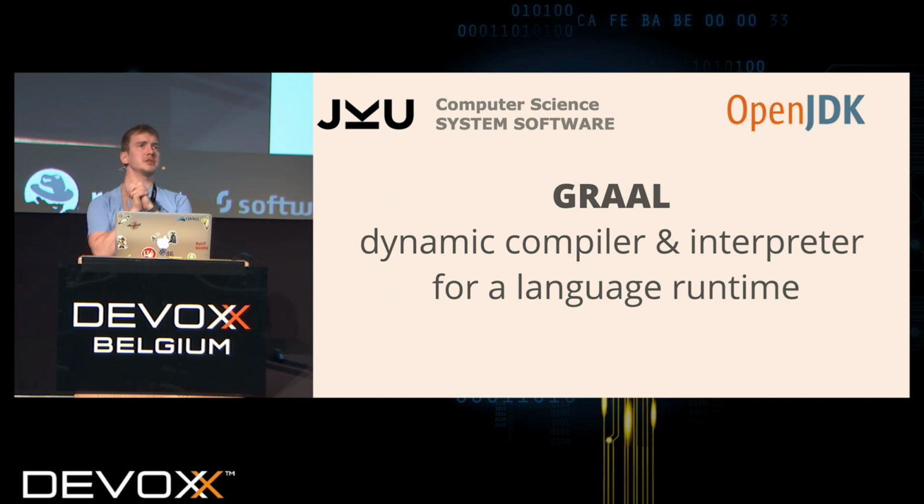So Graal, who has heard of Graal before? Interesting. 4 people. I salute you. So Graal is a dynamic compiler and an interpreter for the language runtime. It still is a research project under the OpenJDK currently.